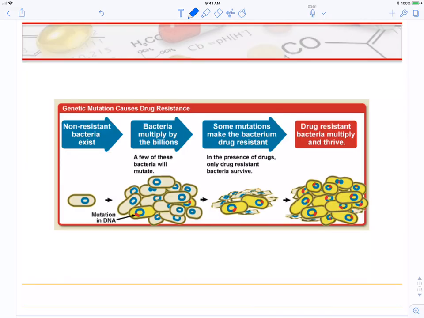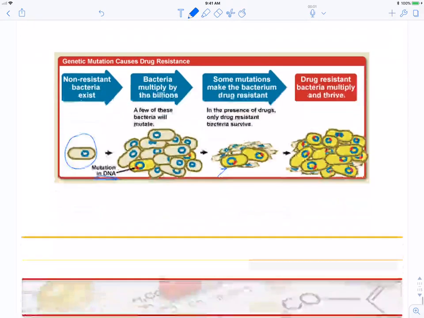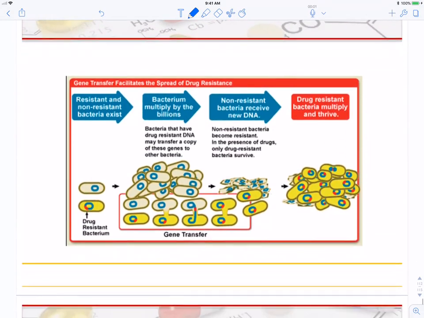So how do the genetic modifications then spread out? There are two mechanisms. The one is that first we have the non-resistant bacteria, which then multiplies, and in the presence of the antibiotic, but also in the absence of it, we have random mutations in the DNA, and then in the presence of the drugs, only the resistant ones survive and take up the whole population.